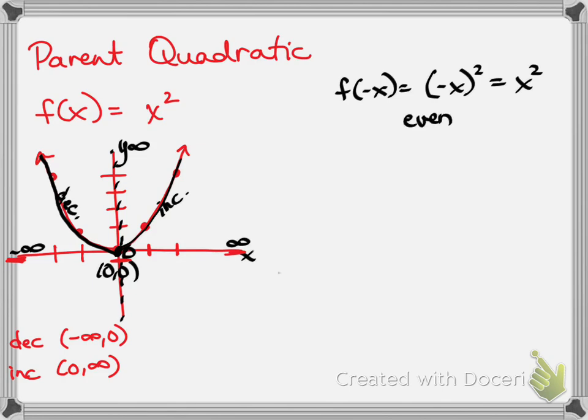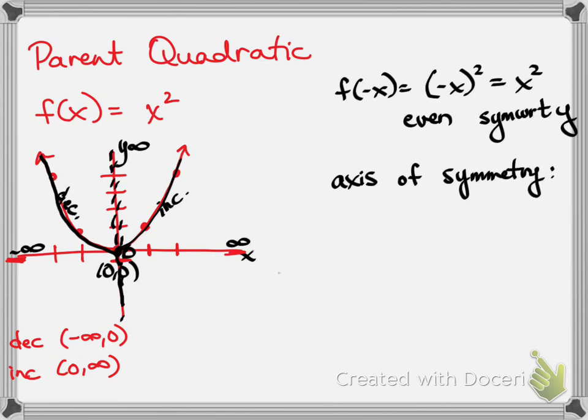So this is an even function, which has symmetry with respect to the y, which sure does look like it has symmetry with the y. The axis of symmetry is the y-axis. It's also the line x equal to 0. The y-axis is the line x equal to 0.